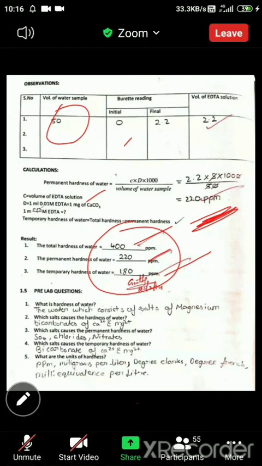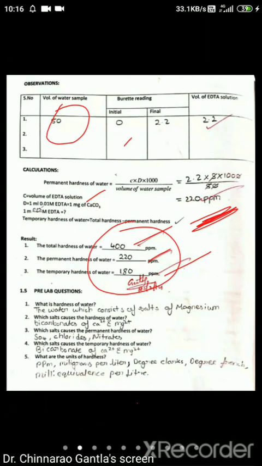Now add EDTA. When added, blue color comes. With the blue color we calculate M1 V1 is equal to M2 V2, where M2 is equal to M1 V1 by V2. That is the standardization of EDTA solution is over.